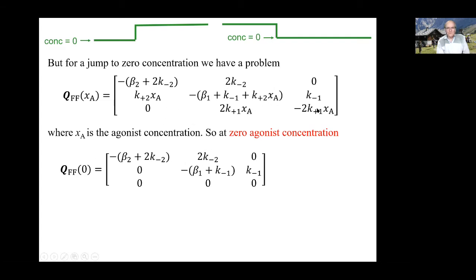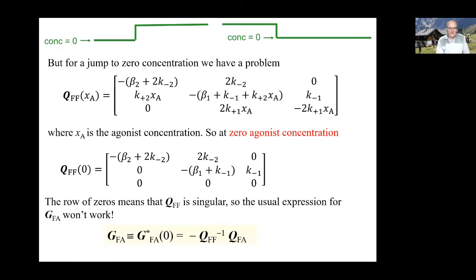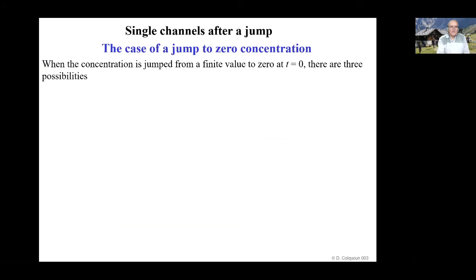The bottom row is all zeros now, and that row of zeros means that QFF is singular, so the usual expression for calculating GFA, say, just won't work, because this bit of it is singular, and therefore that inverse doesn't exist. So what the heck are we going to do about this? Well, this was solved in Molushkin.